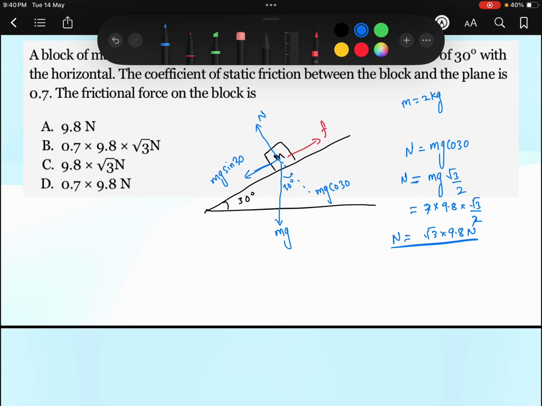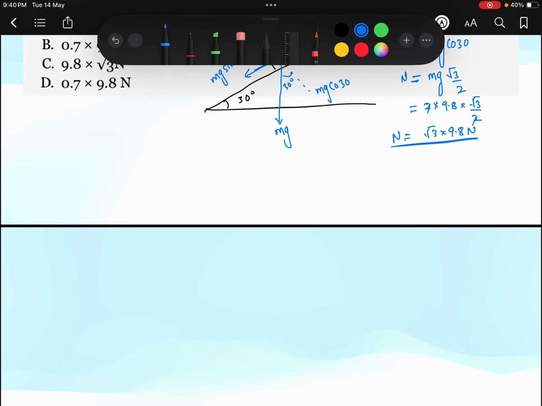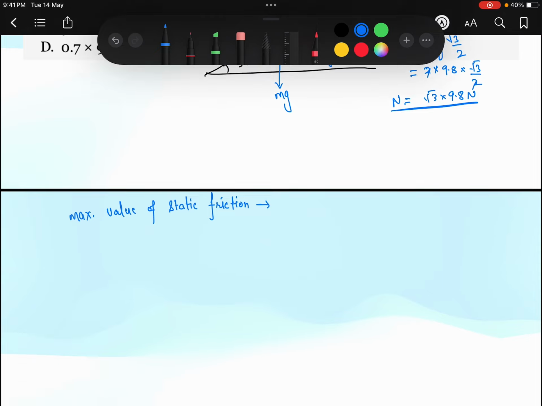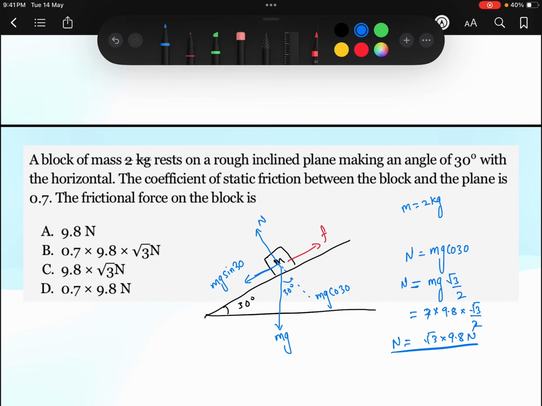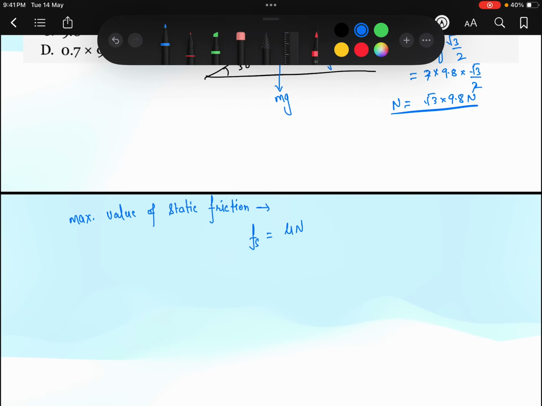So what can be the maximum value of this static friction? So maximum value of static friction, that Fs will be equal to mu times of this normal, and here the value of mu is given as 0.7.